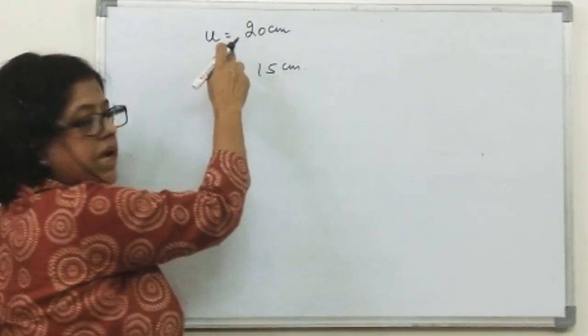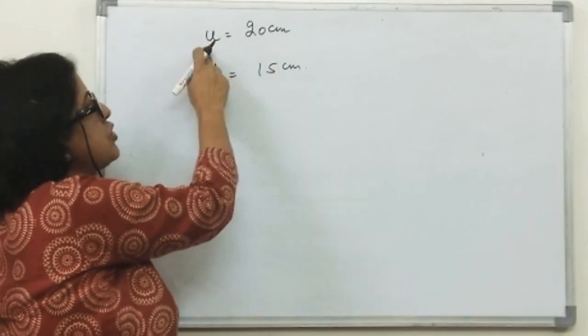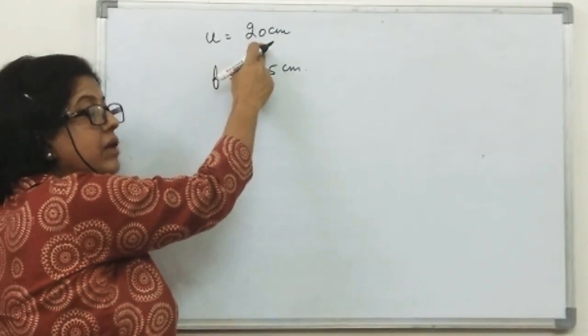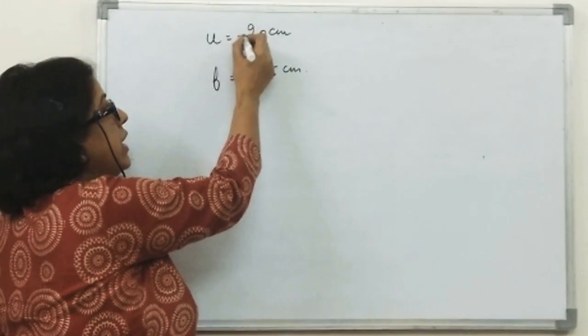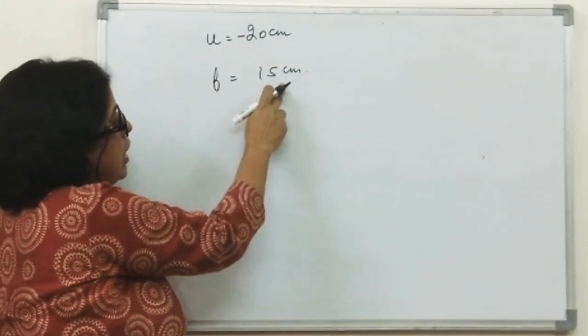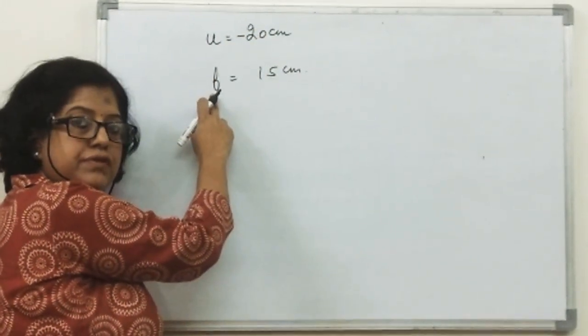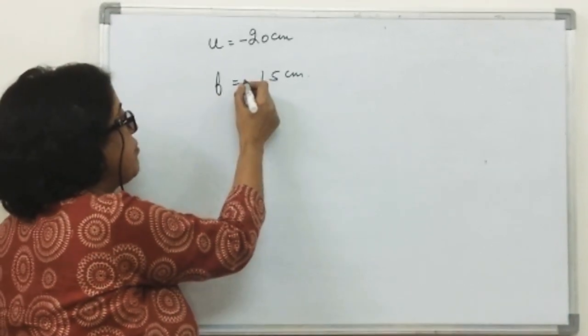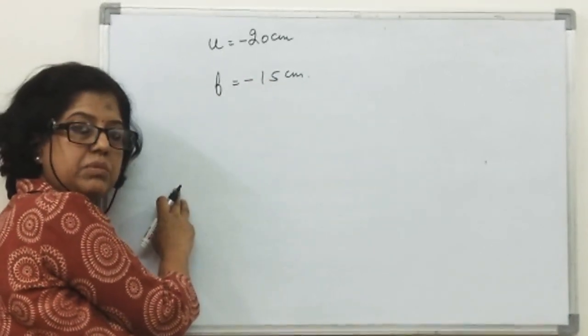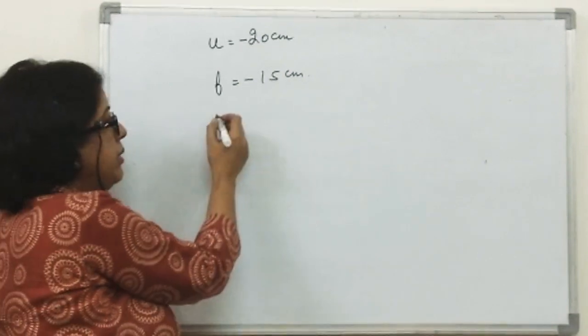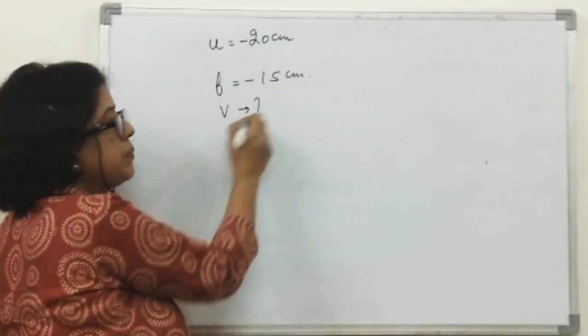Now I have said the object is placed at a distance of 20 centimeter, that means u is 20 centimeter, and obviously u is always taken negative. The focal length of the concave mirror given to us is 15 centimeter. It is a concave mirror, so f will also be minus 15 centimeter. We have to find the position of the image, that means we have to find v in this case.